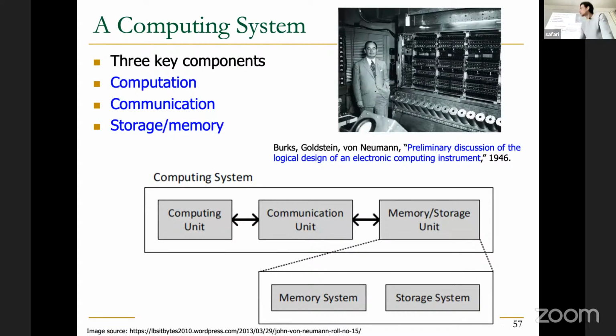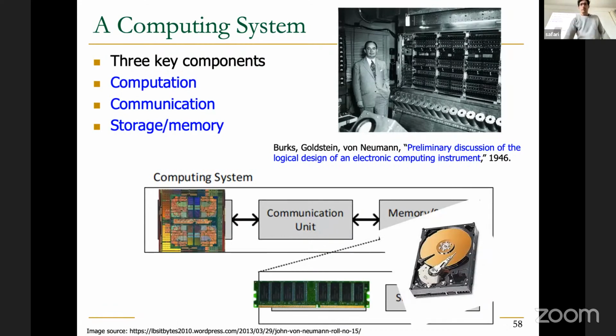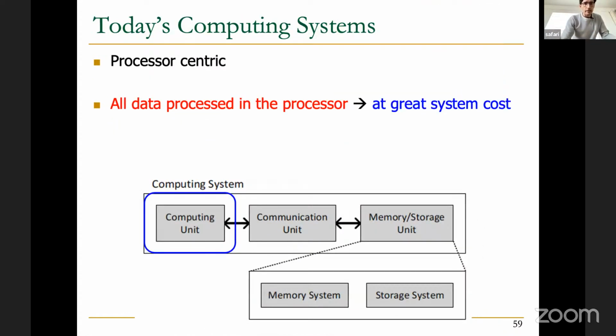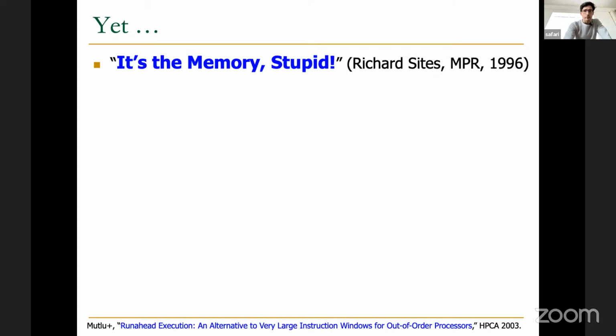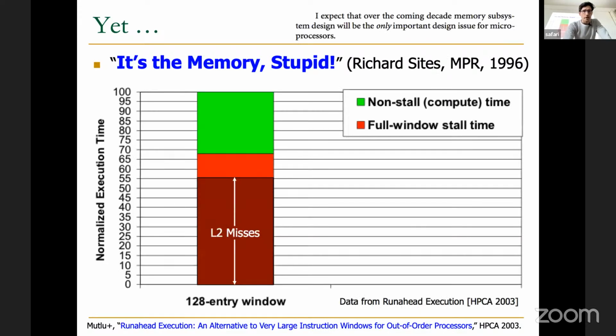That's because data is typically kept in memory or storage devices, and we need to bring it back and forth from the memory and storage units to the compute units. So that causes a great system cost, because all the data is processed in the processor, and we have seen multiple examples of these over the years.